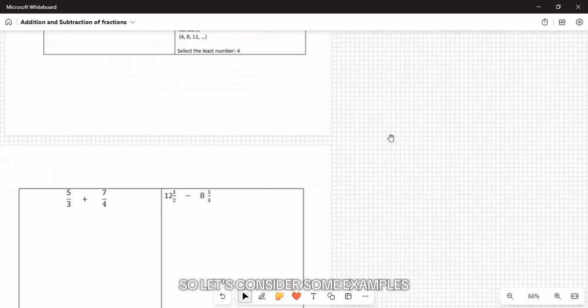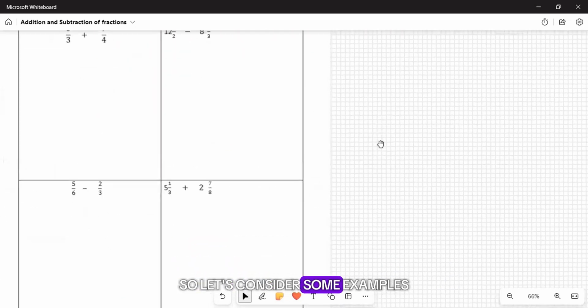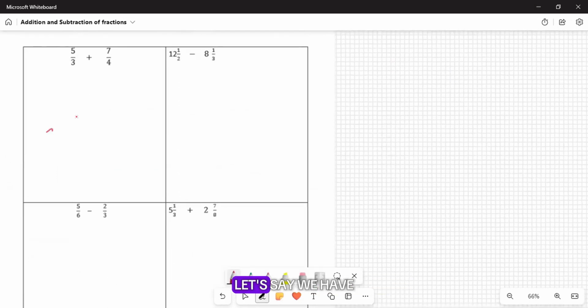So let's consider some examples. Let's say we have 5 over 3 plus 7 over 4. And we want to find a number that 3 and 4 can go through at the same time. We try to find some numbers that 3 and 4 can go through.